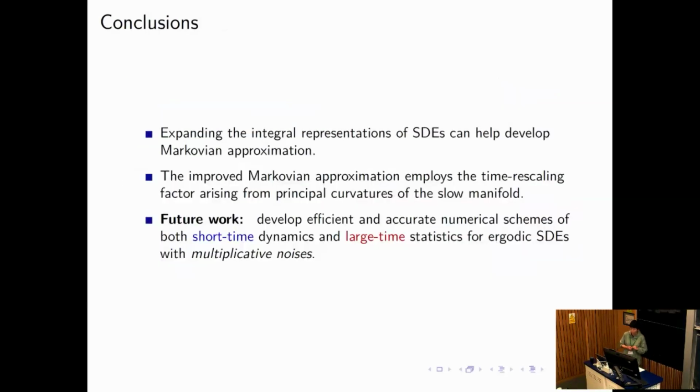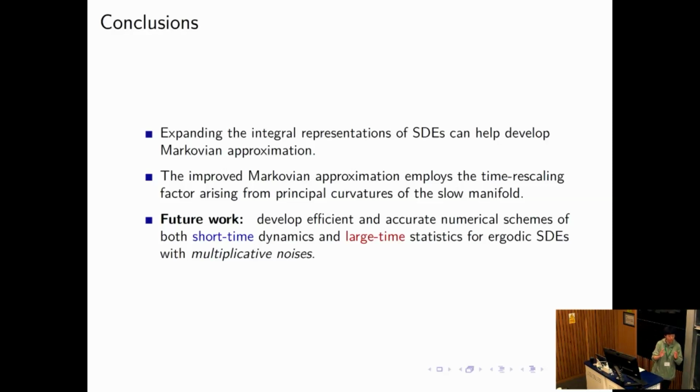So in short, here's the conclusion. We expand the integral representation of the SDE, make some mathematical approximations, and then can get approach 1 and approach 2. One thing to keep in mind is that when you do all this Taylor expansion, you need to be very careful using the Stratonovich form.